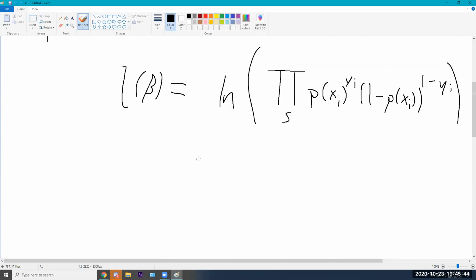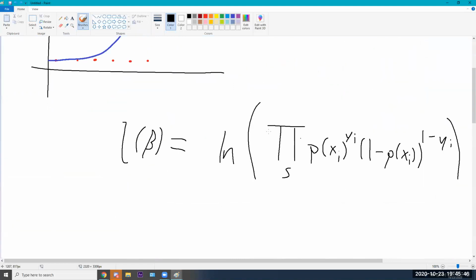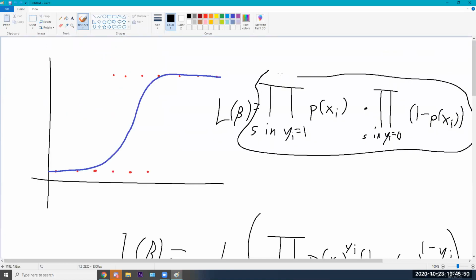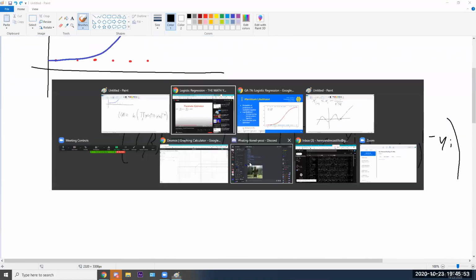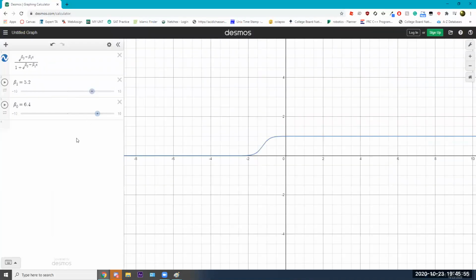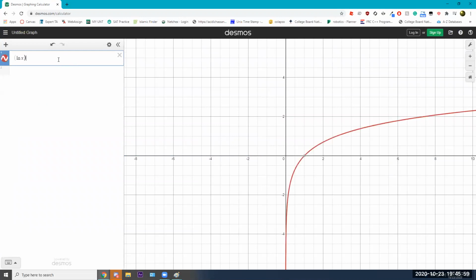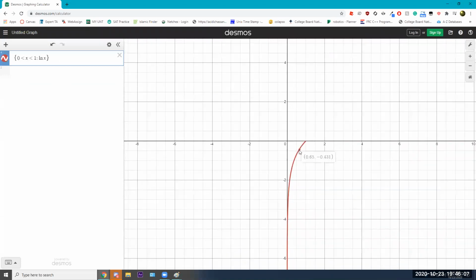And so this model, this inside term is between 0 and 1, and you're applying a log to it. Well, if we put that into Desmos, you can remove these. You can see that for values of x between 0 and 1, this maps the input from 0 to 1 to an output of negative infinity to 0.